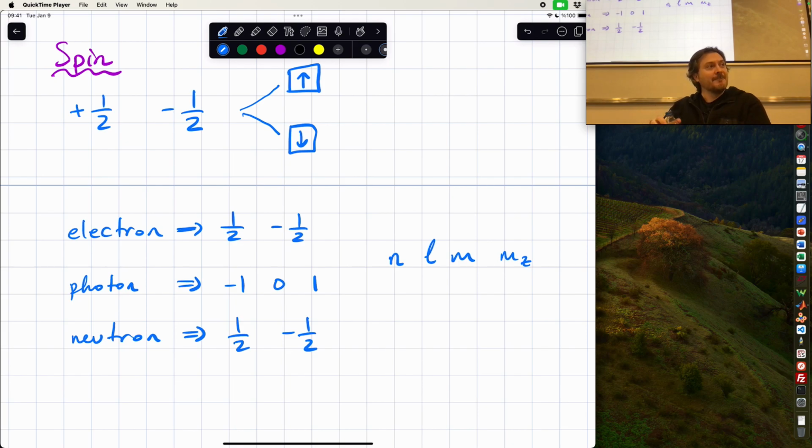Does it have a spin? Can you check? Is it 1/2 spin, neutron? It's a fermion, so it should be 1/2. Yes. So that's another thing. By the way, neutron is a different story. Neutron is not a fundamental particle.